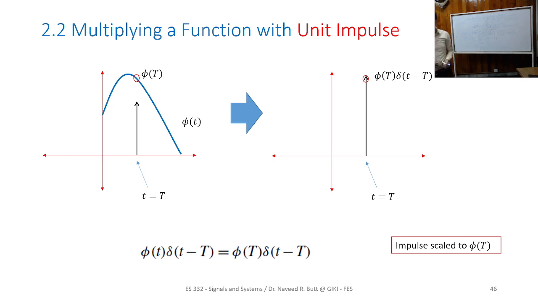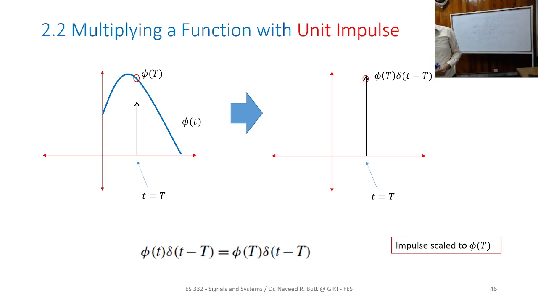I don't want this value. I want a value here to the right, this value. Let's say this capital T for convenience is 3 and I want a value at 4. So you will just shift your delta to t minus 4.